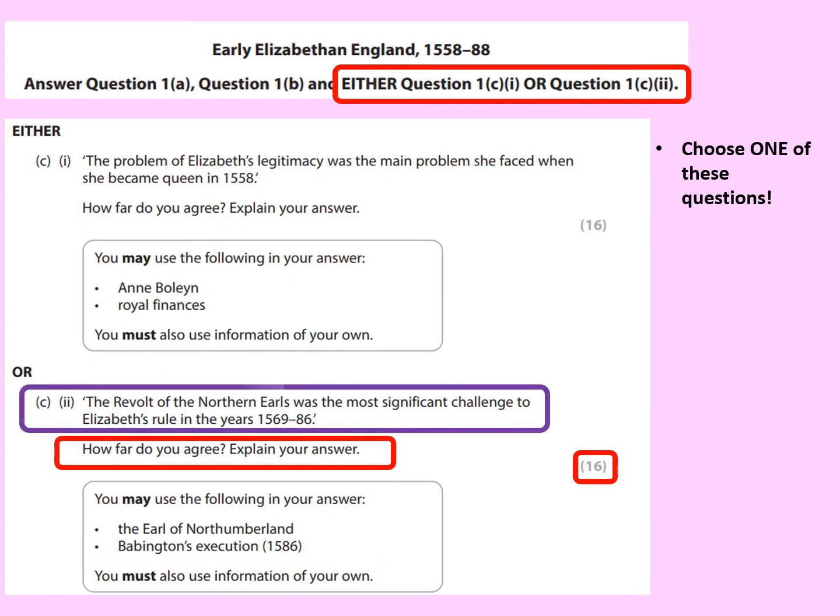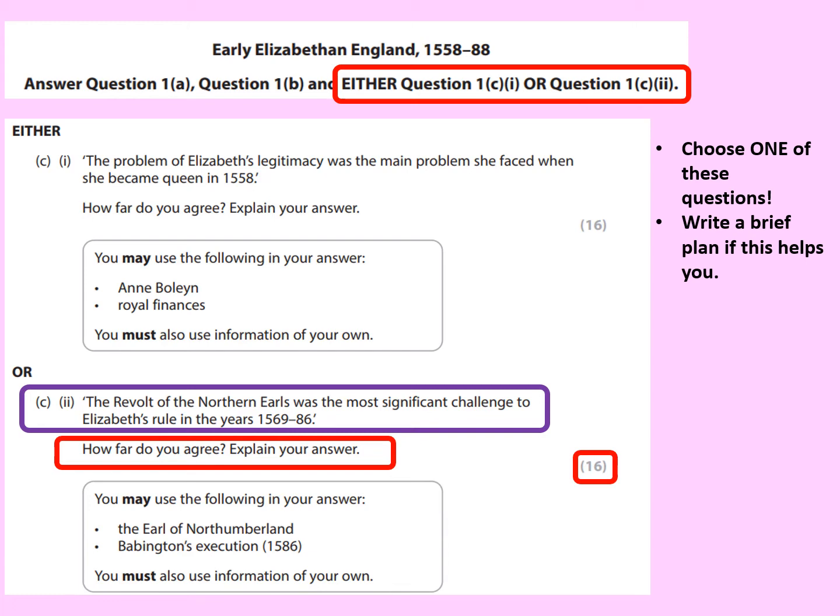The one that we're going to be focusing on today is question C2. You'll have to indicate this clearly on the sheet. The revolt of the Northern Earls was the most significant challenge to Elizabeth's rule in the years 1569 to 86. It's often a good idea to write a very brief plan if this helps you at this stage. You might want to add bullet points to the stimulus points, depending on what other examples you're going to include.